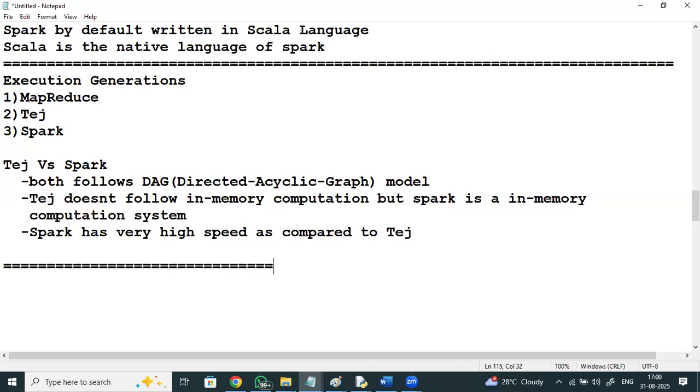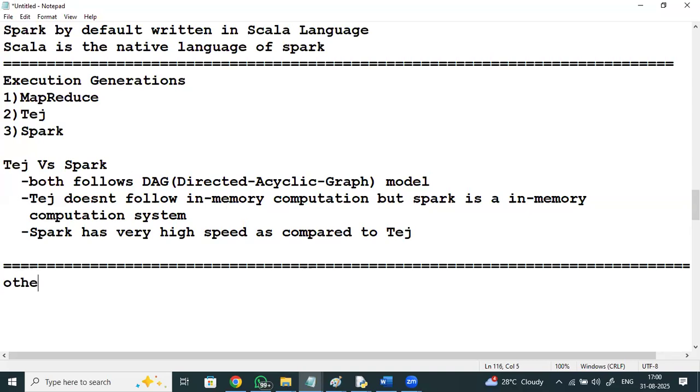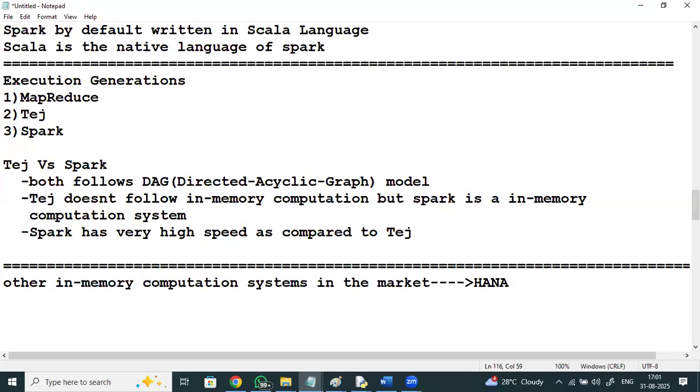Now, other in-memory computation systems in the market: HANA.